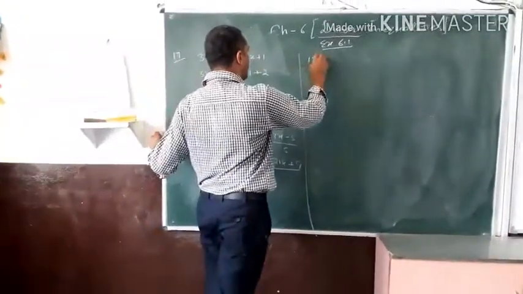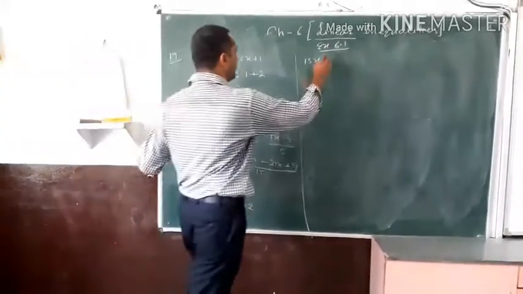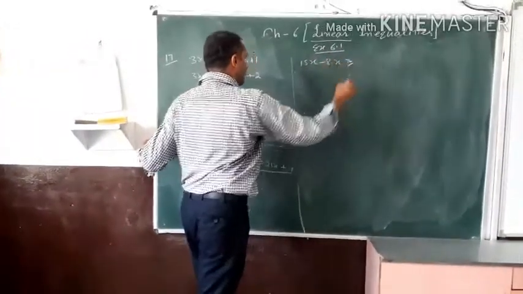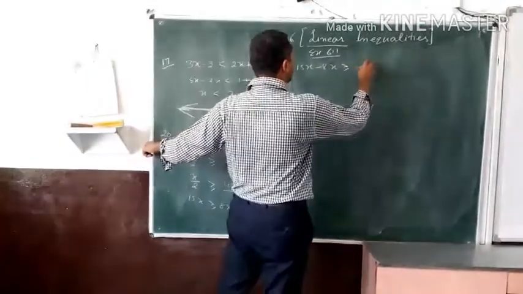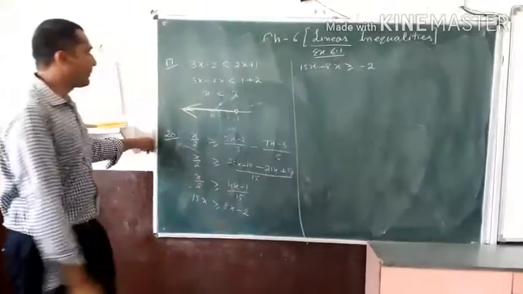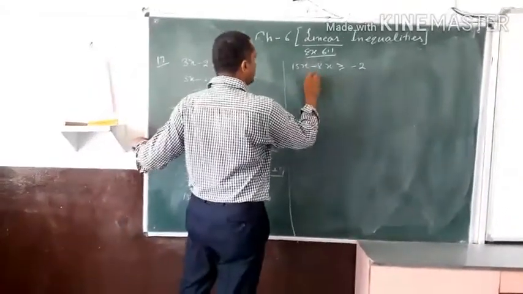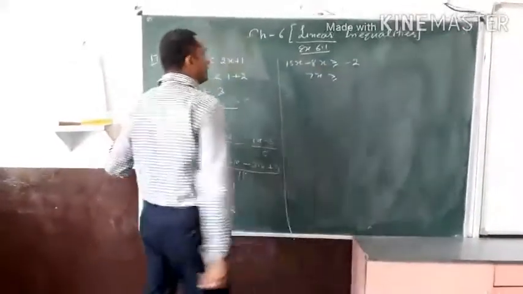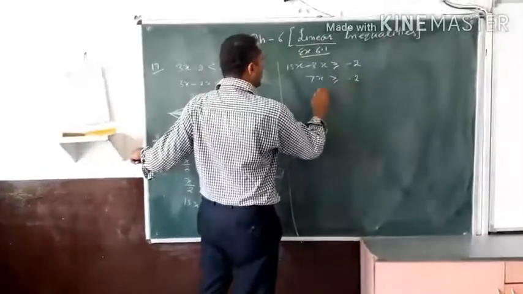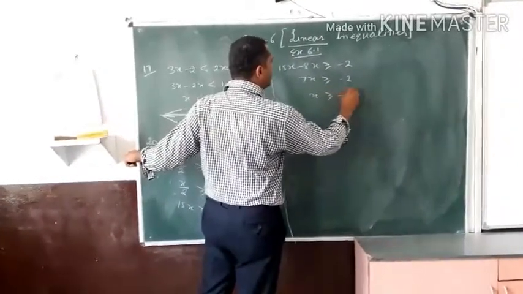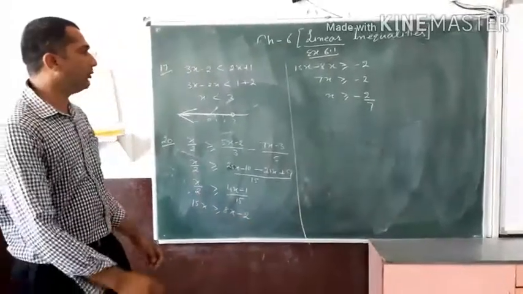So 15x minus 8x greater than or equal to minus 2. 15x minus 8x is 7x greater than or equal to minus 2, and x greater than or equal to minus 2 over 7.